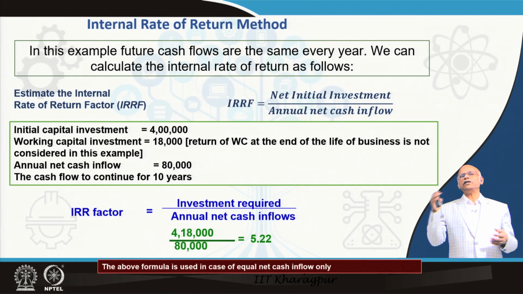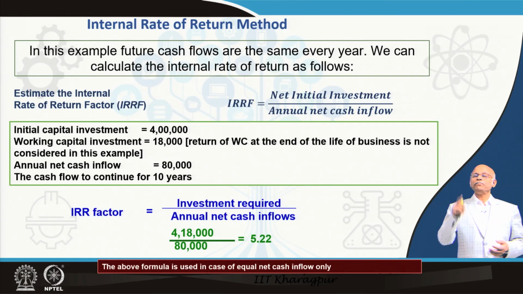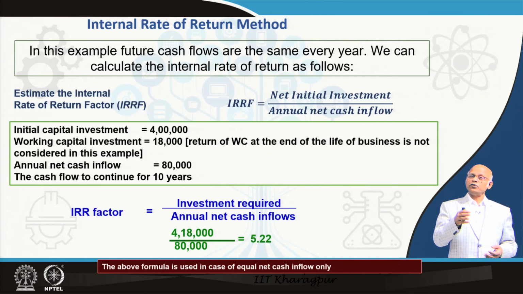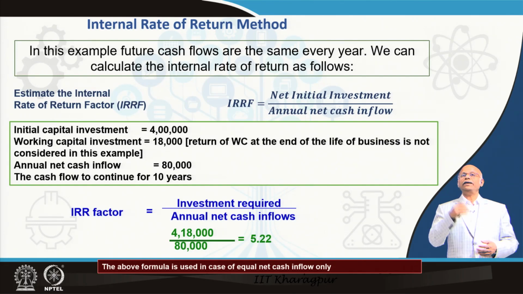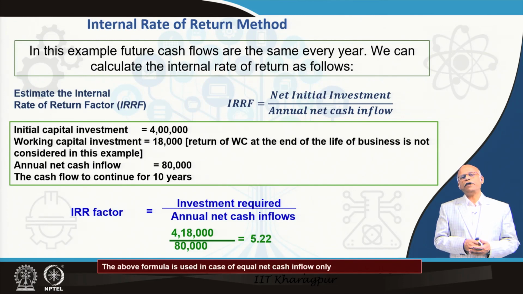It uses the internal rate of return factor, the IRR factor, which is equal to net initial investment, in this case 4 lakh rupees plus working capital of 18,000, so 4,18,000 rupees, divided by annual net cash inflow, which is 80,000 rupees.